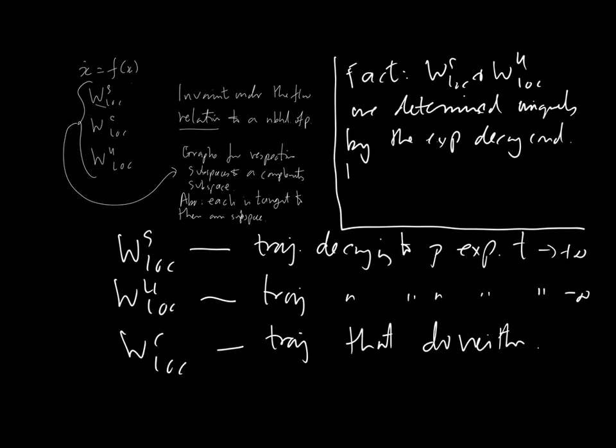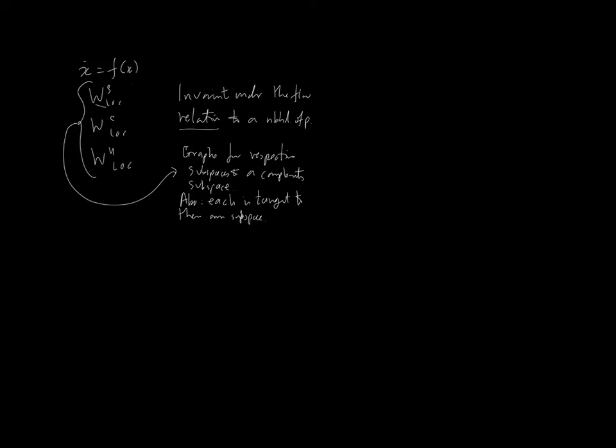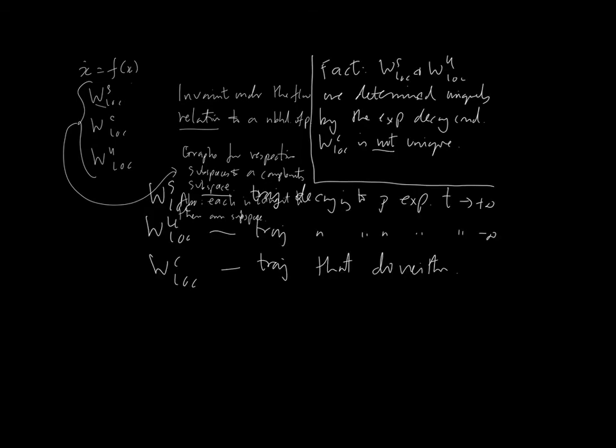Wc loc is not unique. It's very easy to come up with examples of a number of different center manifolds, in the same situation, with the same equations, the same fixed point, and so on, where there are a number of different manifolds that you would happily call a center manifold.